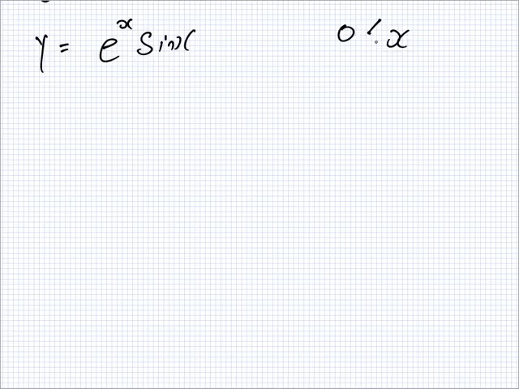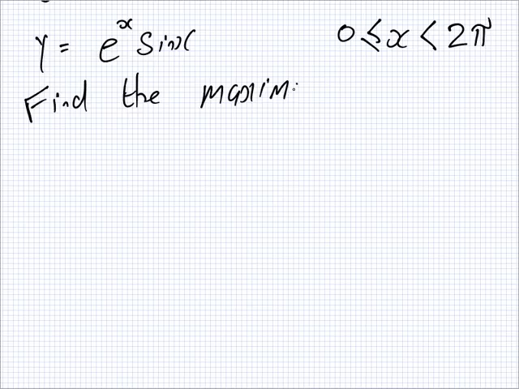Okay, so I have y equals e^x cos x. No, let's make it sin x. And I'll say x is between 0 and 2 pi. Find the maximum point.